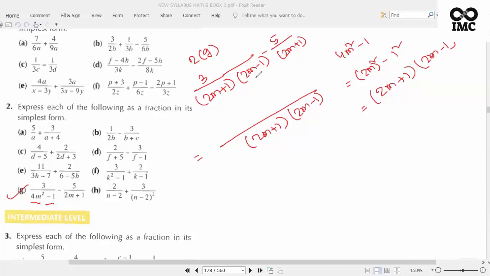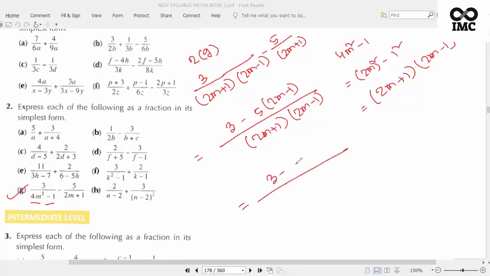So what will you do? Here the denominators are the same, so 3 will be the same, but we will multiply 5 by 2m minus 1, because 2m plus 1 is present, but what will be left? 2m minus 1. So we'll multiply this 5 by 2m minus 1. Okay, now calculate and you will get your answer.